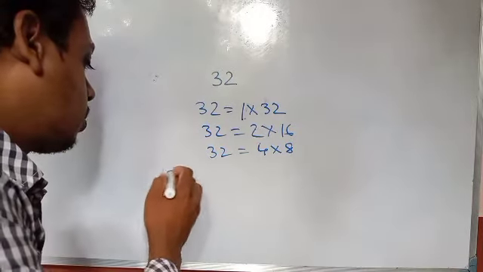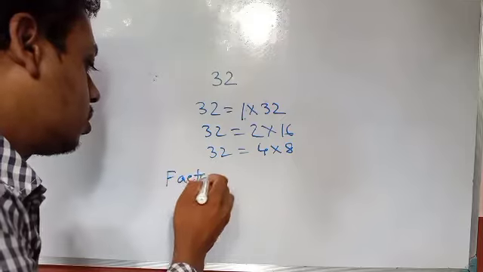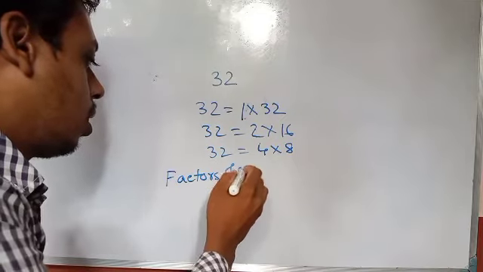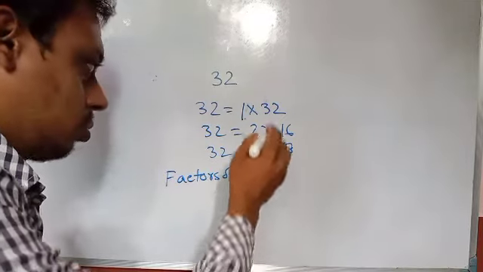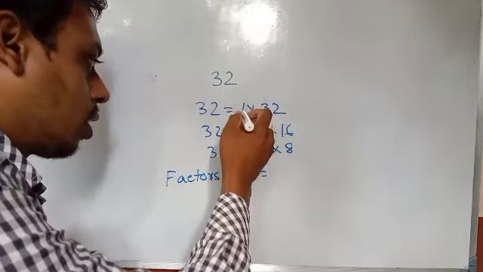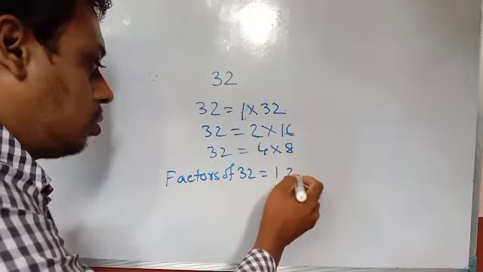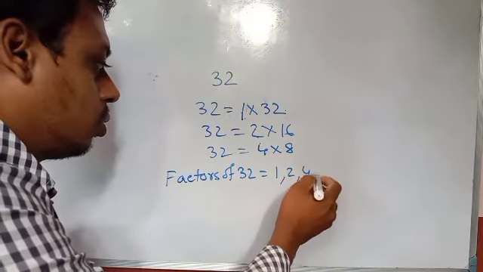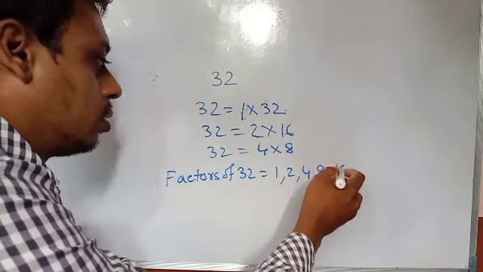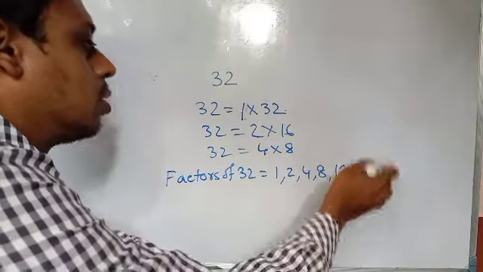Now, factors of 32. Arrange in ascending order: 1, 2, 4, 8, 16, 32.